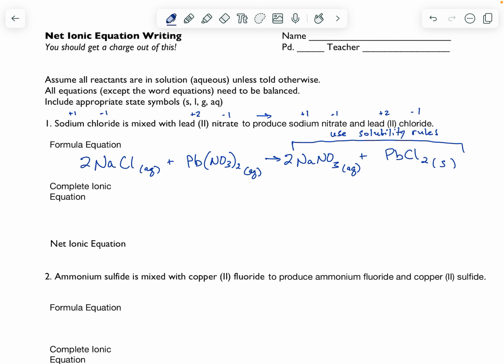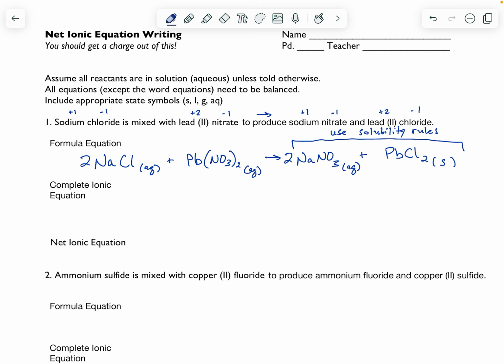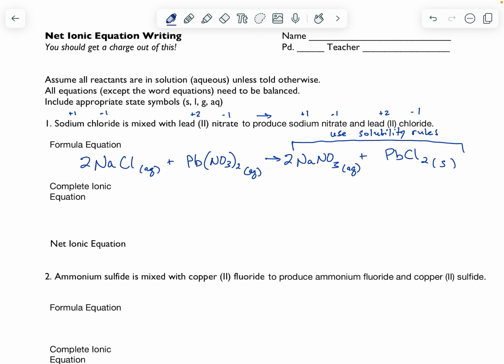I'm going to create my complete ionic equation. I have, when this aqueous one splits up, it's going to create 2 sodium ions and 2 chloride ions. The 2 because there's a 2 in front. And then I have a lead ion with a +2 charge. That is aqueous. I have 2 nitrate groups, right?